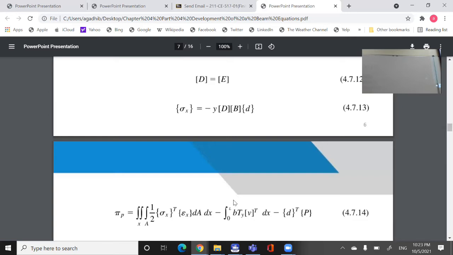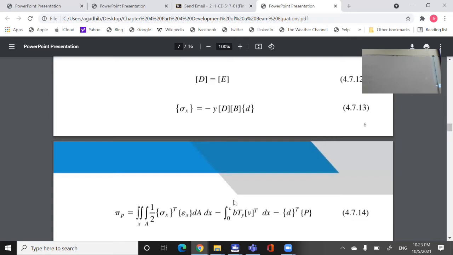D transpose means d. Y is a scalar, the other ones are matrices, so we don't have to transpose y. Okay, you want to make y transpose? Y will be scalar, just like alpha.